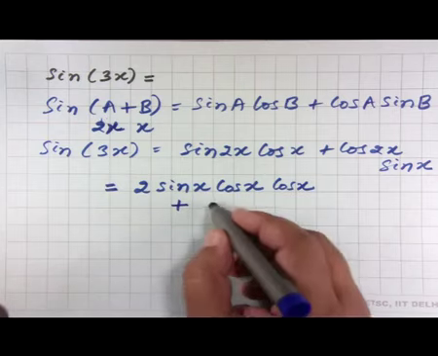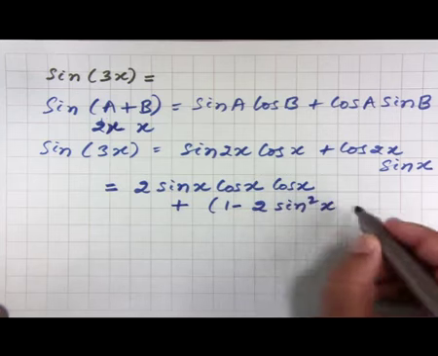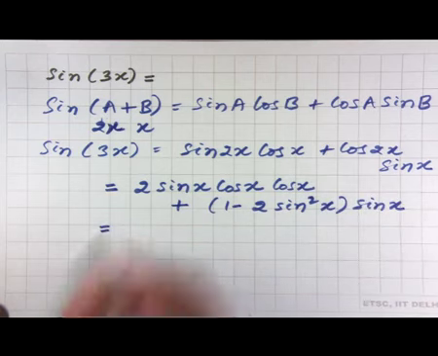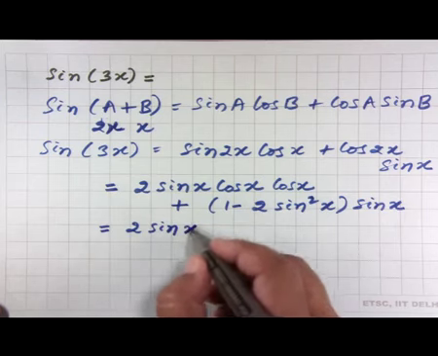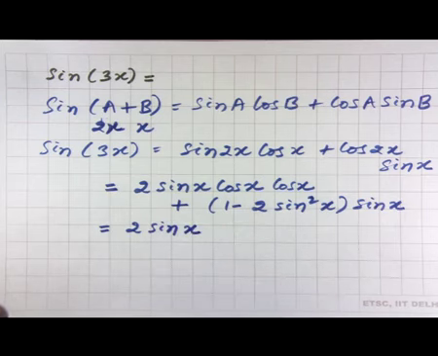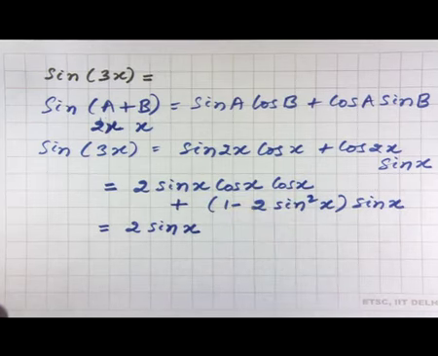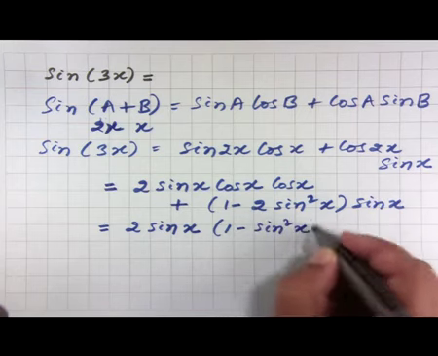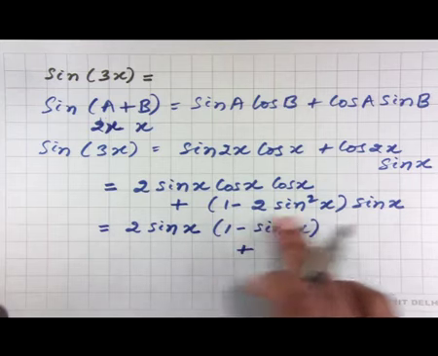Therefore, two sin x times cos square x, but cos square x is 1 minus sine square x. And then we can open up this expression.